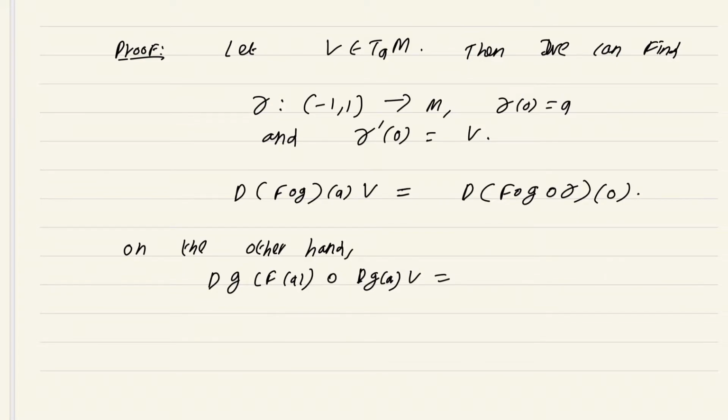I apply it only to G now. Here I had applied it to F composed with G. Now I apply it only to G to conclude that this is nothing but DF at the point G of A acting on d of G composed with gamma at 0.